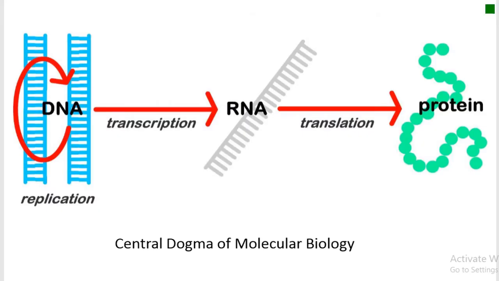So let us recall the central dogma of molecular biology. Remember, the DNA is replicated to form another DNA. And then when the DNA is already replicated, it might be transcribed to form the RNA, or ribonucleic acid. And that RNA, which is a transcript, can be translated to form protein.